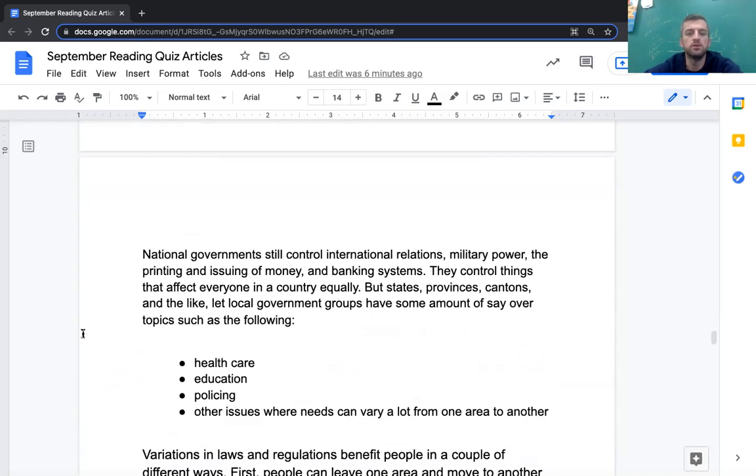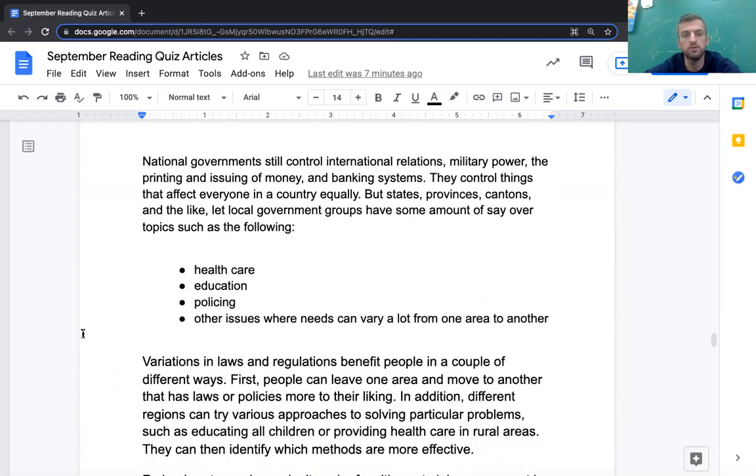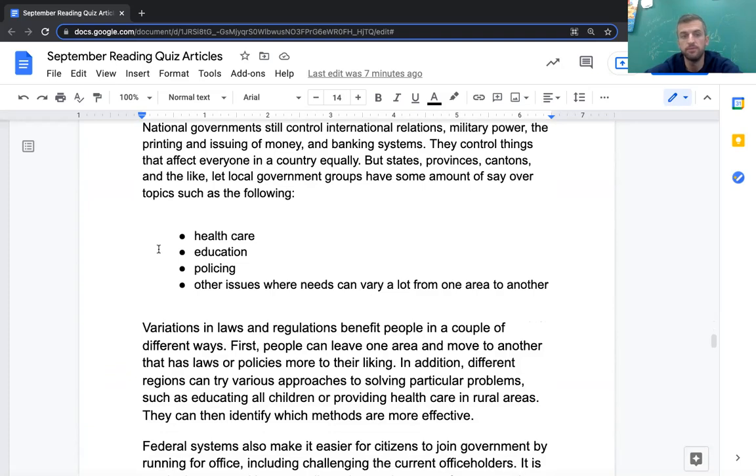National governments still control international relations, military power, the printing and issuing of money, and banking systems. They control things that affect everyone in a country equally. But states, provinces, cantons, and the like let local government groups have some amount of say over topics such as healthcare, education, policing, and other issues where needs can vary a lot from one area to another.